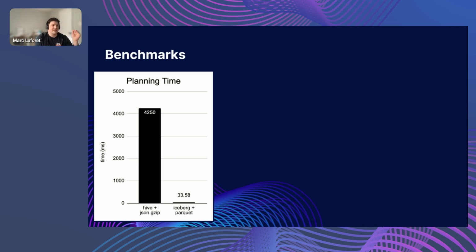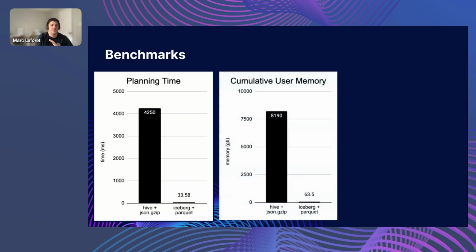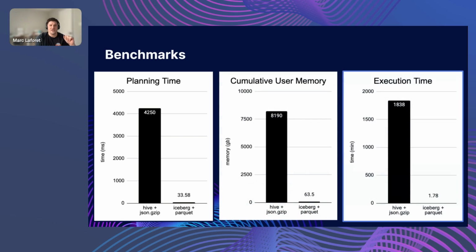So we can see that, again, planning time greatly improved, cumulative memory greatly improved, and execution time goes from 1800 minutes to 1.78. So this is the difference between submitting a query and going to sleep versus submitting the query and getting it almost instantly.